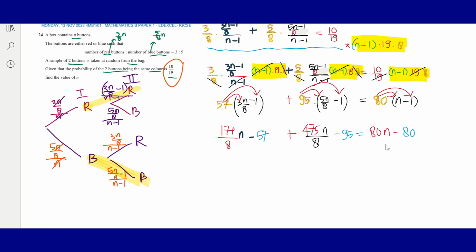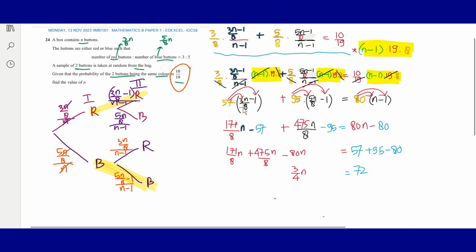Now we collect the terms in n. We count with the calculator for these three terms. We collect the numbers to one side, this becomes negative 80, and the number becomes positive here, and it's negative 80. Counting with the calculator, we get 72 equals 3/4 n.